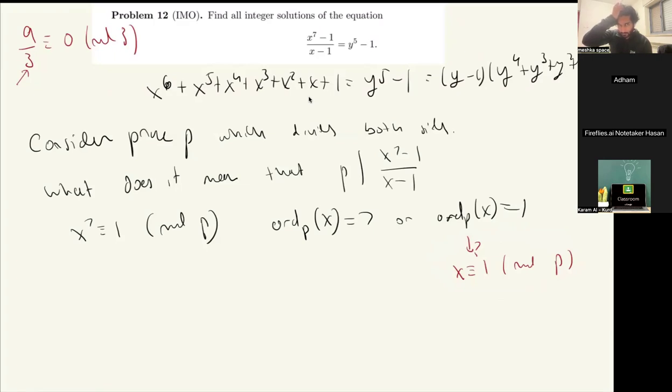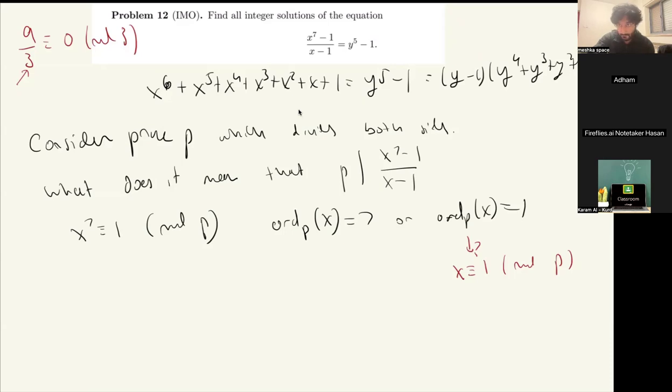Do you see what I'm saying? Like p can divide x minus 1 and it can divide this, both, right? Is it possible? If x is congruent to 1, then we have x to the 6 plus all these is congruent to 1 to 7 maybe.